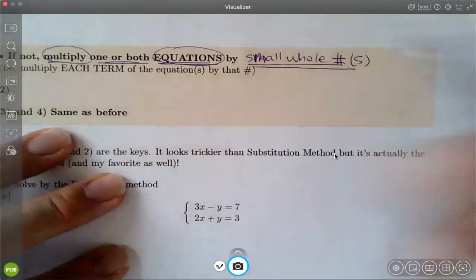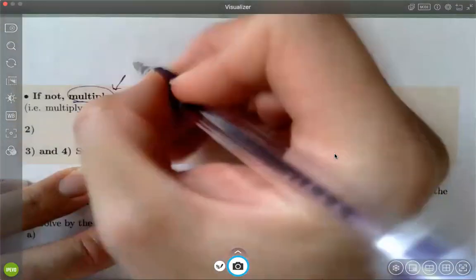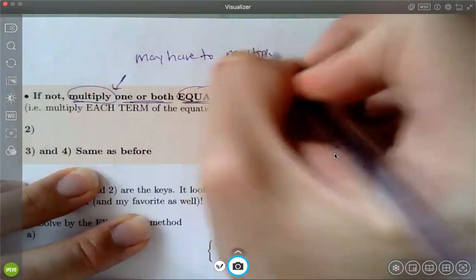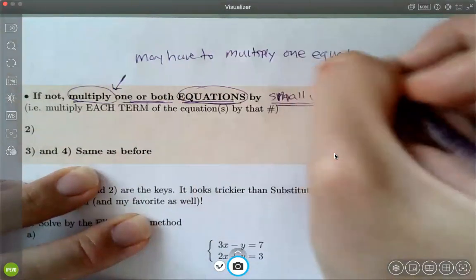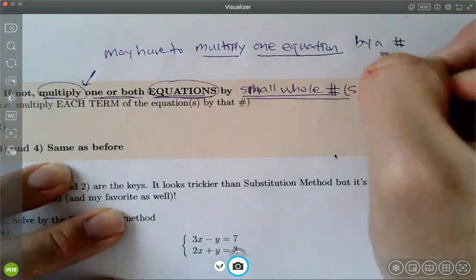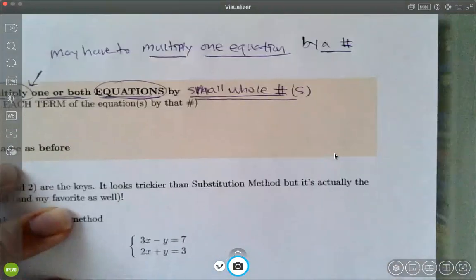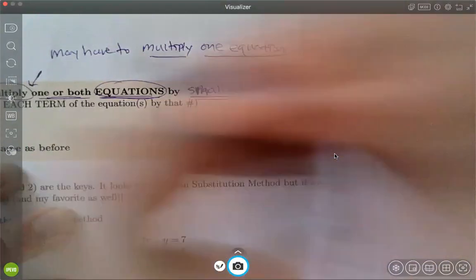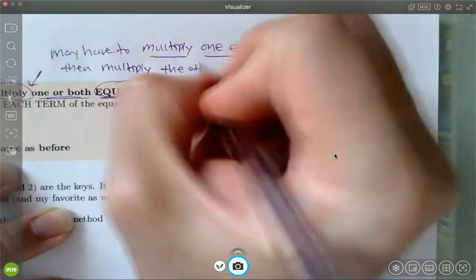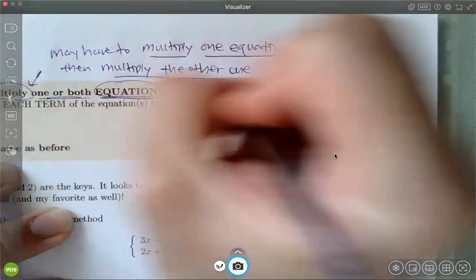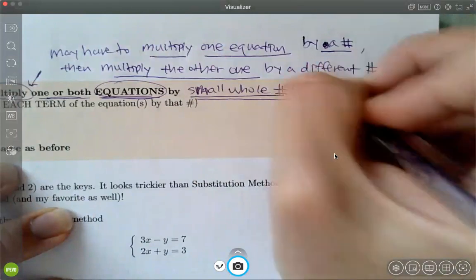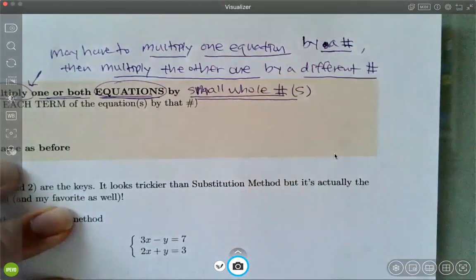Okay, so let me write a note here. You may have to multiply one equation by a number, and then multiply the other one by a different number, until you have the opposites.